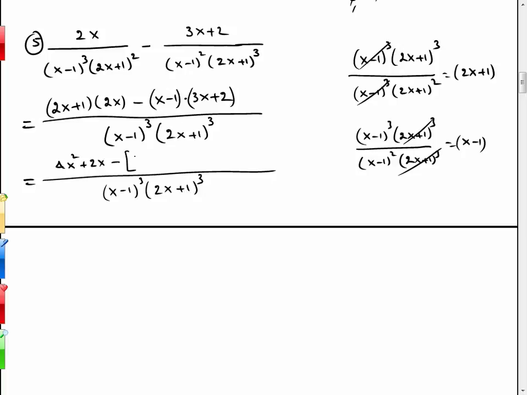So x times 3x is 3x squared, plus x times 2 is 2x, minus 3x, minus 2. Right? And in the next step, I'll patiently write down the denominator.